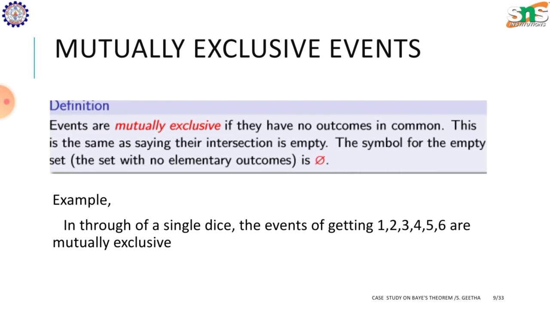Events are mutually exclusive if they have no outcome in common. This is the same as saying their intersection is empty. The symbol for the empty set is phi, which is nothing but the set with no elementary outcomes. For example, in the throw of a single dice, the events of getting 1, 2, 3, 4, 5, 6 are mutually exclusive.